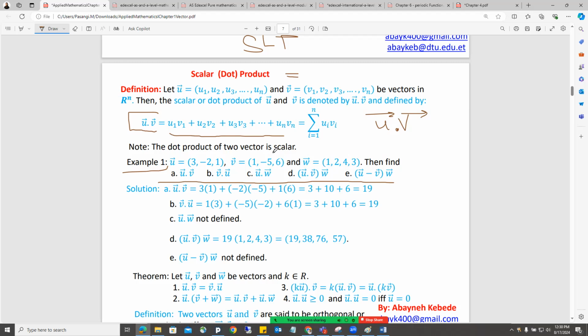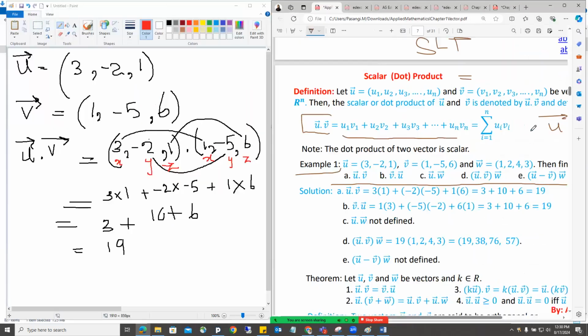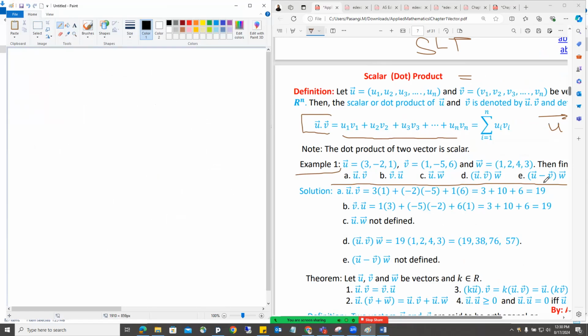C or B? What is U1, U2, U3? Okay. U minus V dot W, right? The last one.